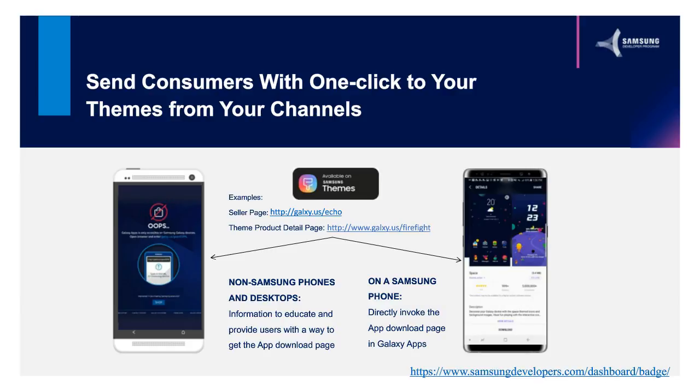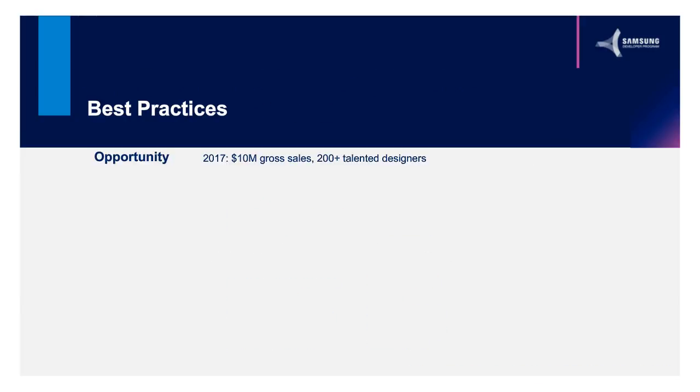So to summarize, Theme Store is a real opportunity. The gross sales in 2017 were about $10 million US, and there are about 200 sellers at the moment who publish paid content.